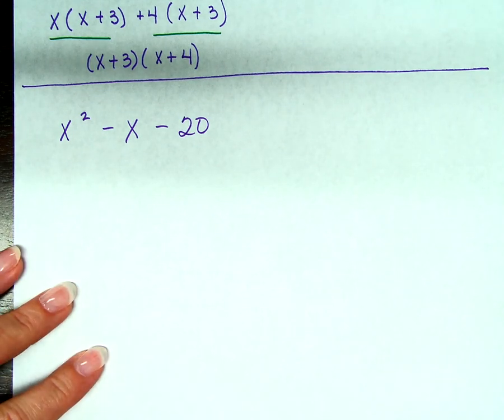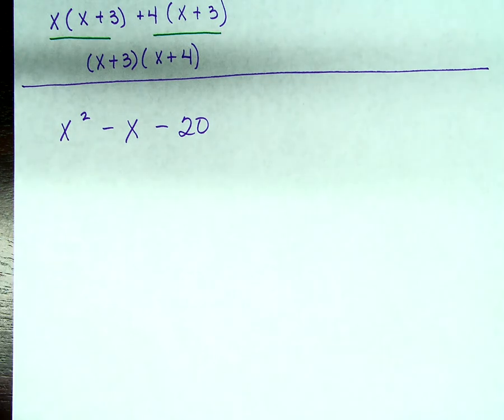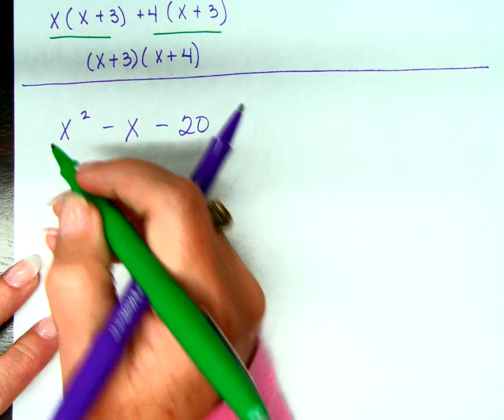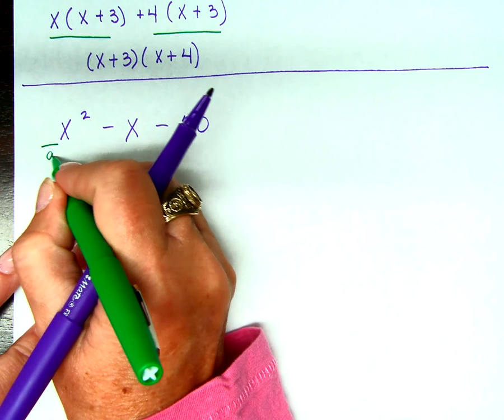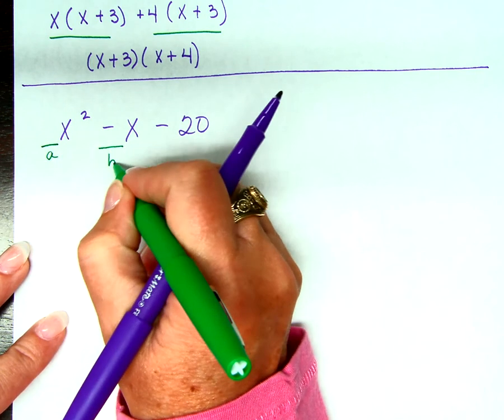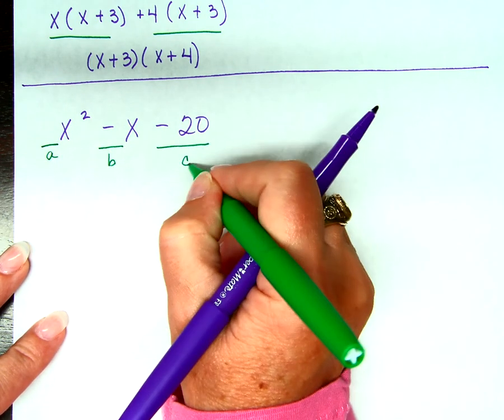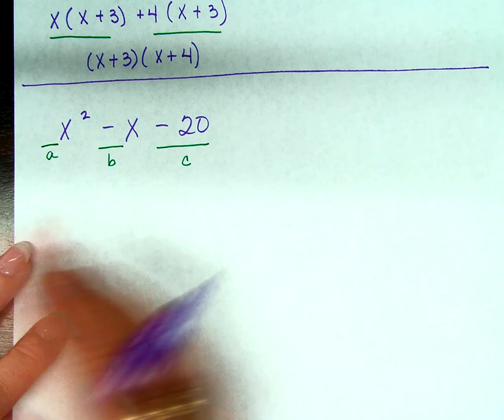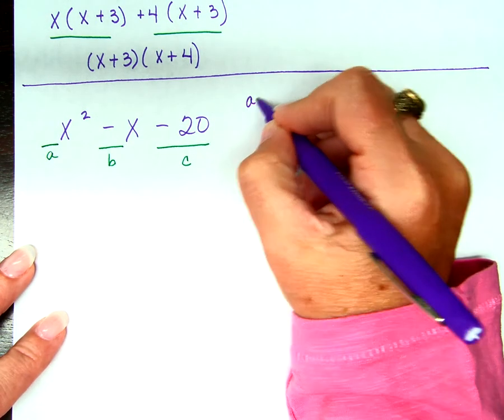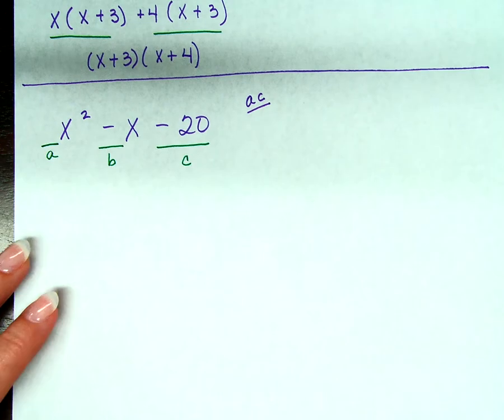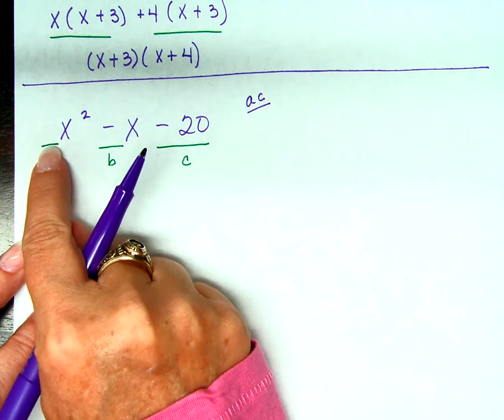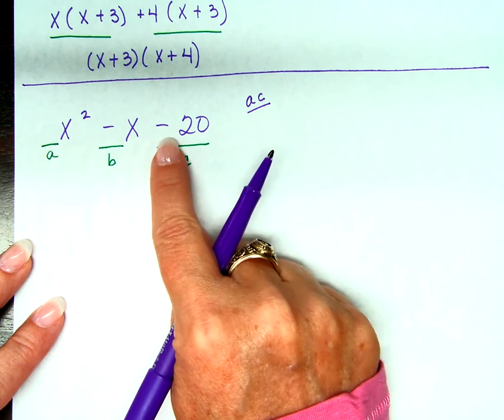Okay? So let's try this one. X squared minus x minus 20. So I need to identify A, B, and C. So in this particular problem, what is AC? Well, A is 1, and C is negative 20.